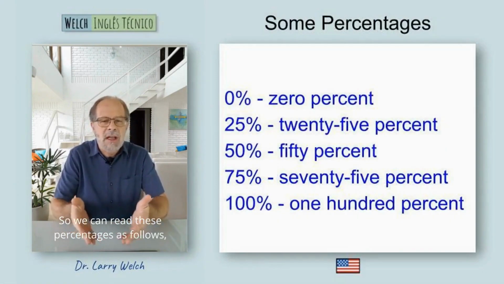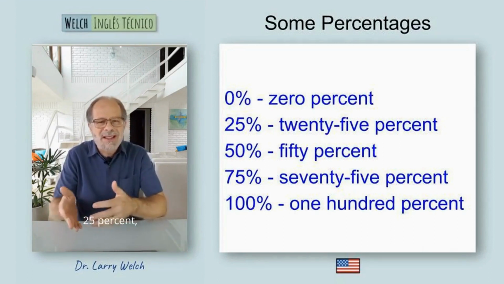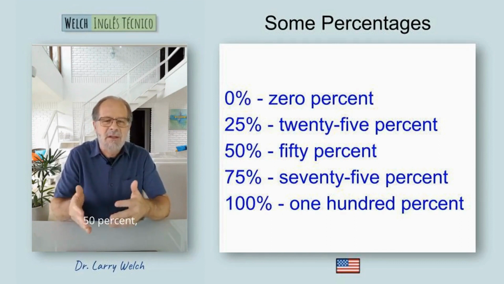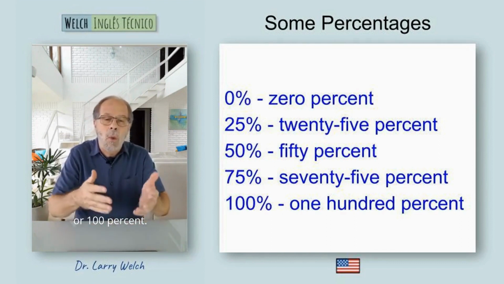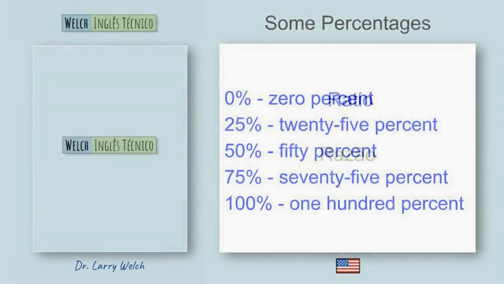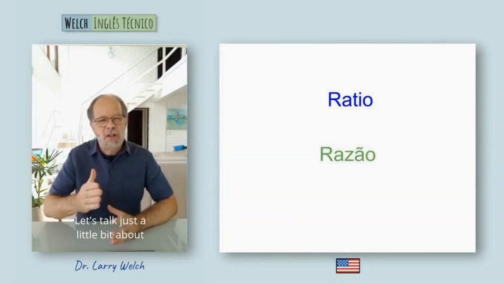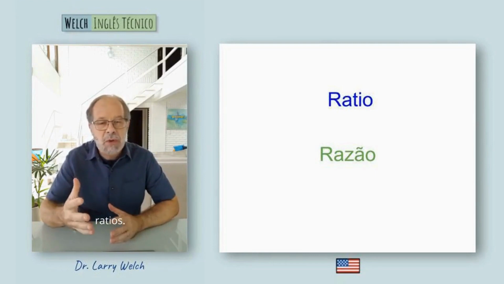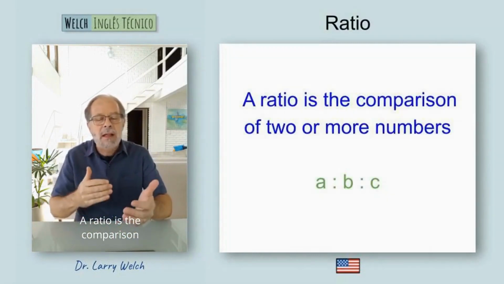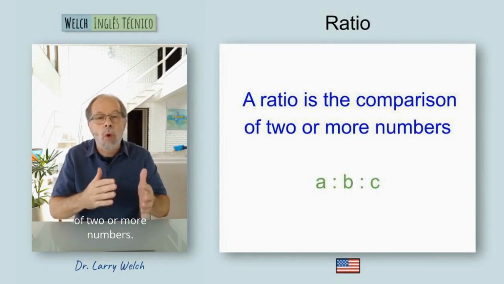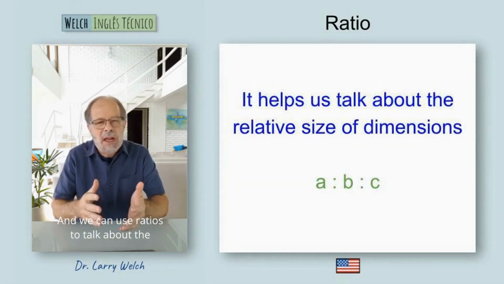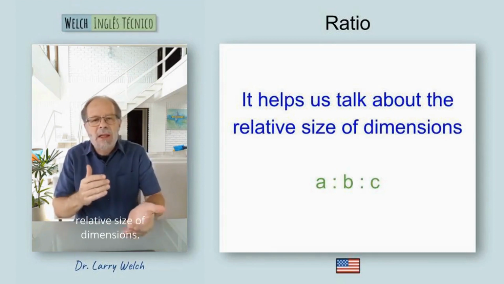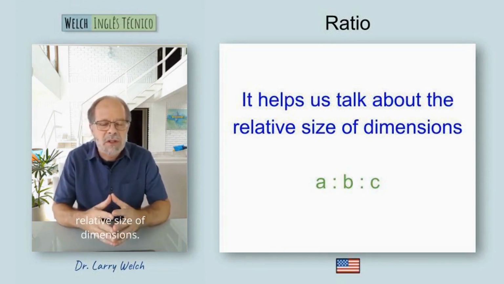So we can read these percentages as follows: 0%, 25%, 50%, 75%, or 100%. Let's talk just a little bit about ratios. A ratio is the comparison of two or more numbers. And we can use ratios to talk about the relative size of dimensions.